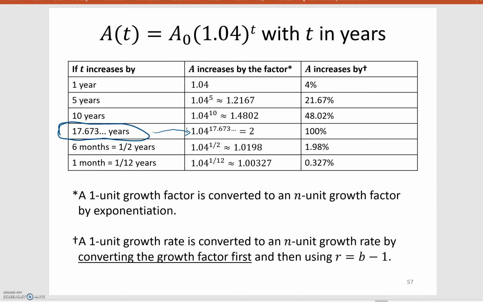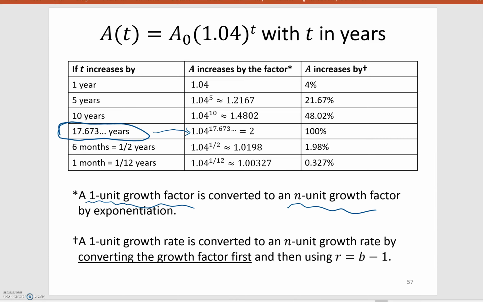Okay, so in summary, what all this is adding up to is that we are changing a 1-unit growth factor to some other unit growth factor. So we talked about going from a 1-unit to a 5-unit, from a 1-unit to a half-unit, from a 1-unit to a doubled unit. You see some other ones in this table.